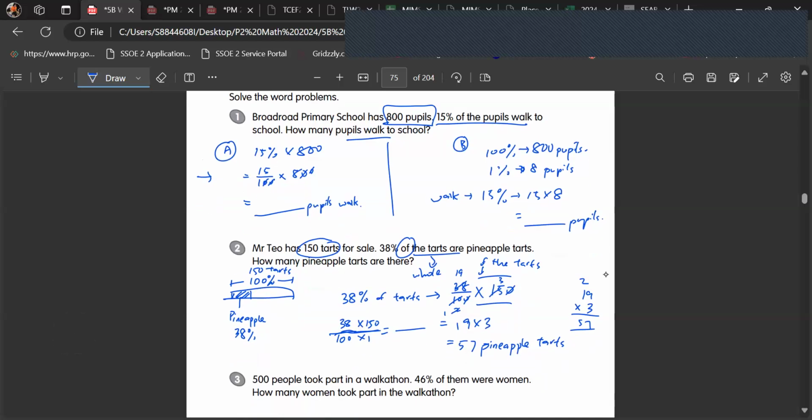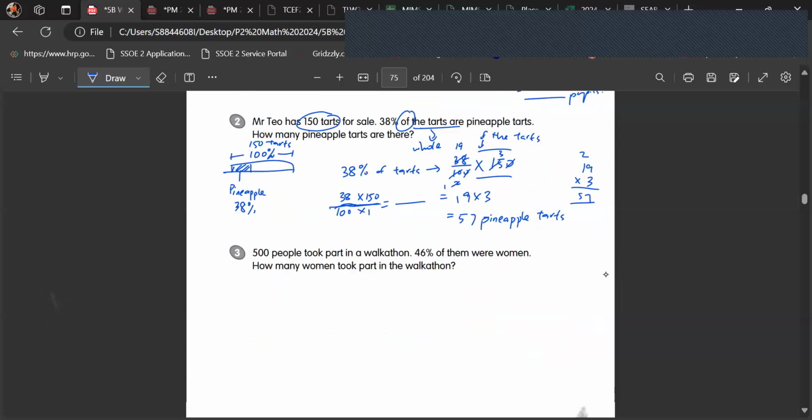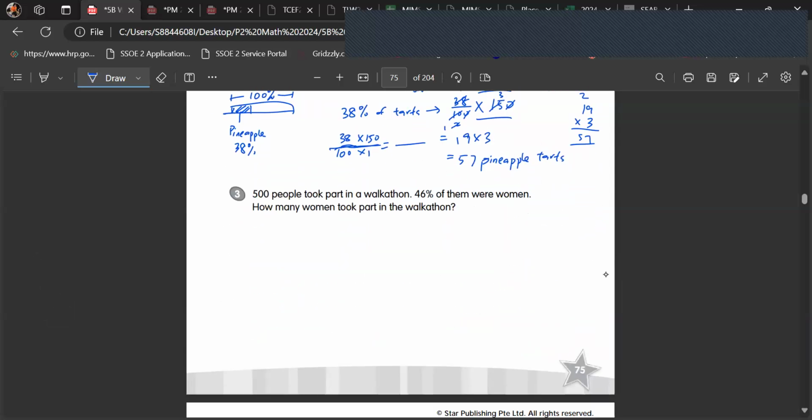So, like question 2, I didn't do the 100% is 150, because that one is quite hard already. You got a decimal by then. Okay, then this one, I think question 3 is doable. I put it as DIY.